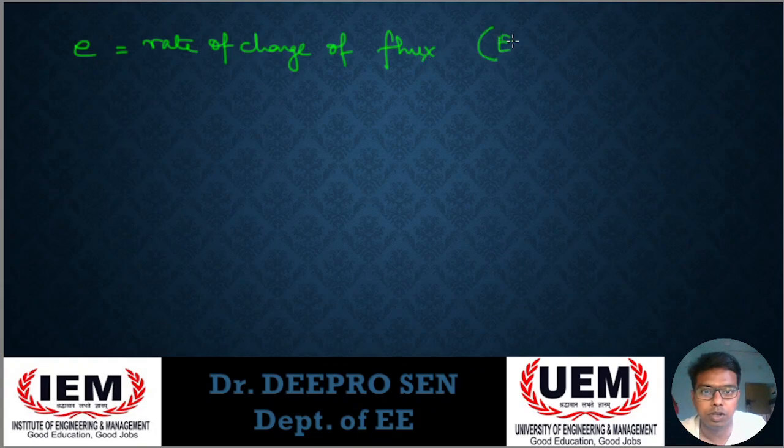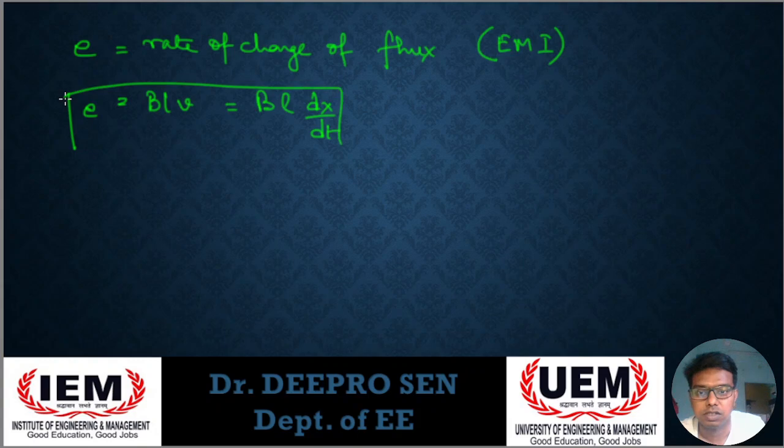This is from electromagnetic induction that we came to know. This is also equal to BLV, or BL dx by dt. Okay, so this is one of the expressions which govern the rotation or the EMF required.